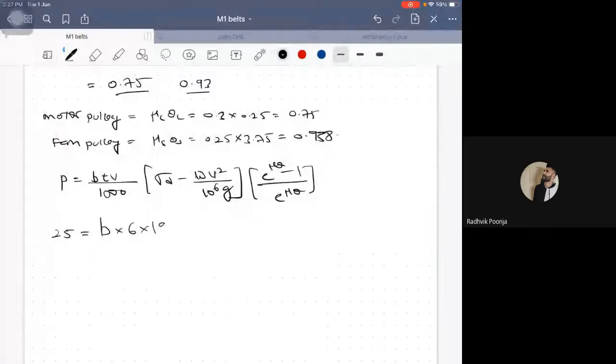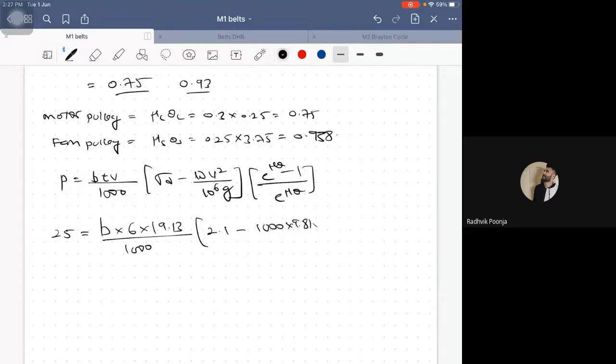Velocity is 19.13 divided by 1000 into sigma D value 2.1 minus omega, which is 1000 into 9.81. I have directly converted it into weight density and substituted it. And V again is 19.13 whole square divided by 10 to the power of 6 cross G value, again 9.81, into e to the power of mu into theta, which I have directly calculated.